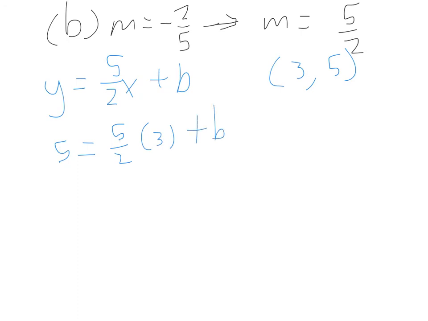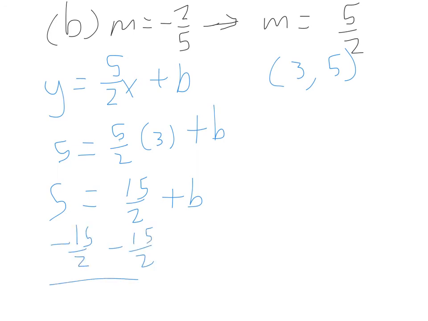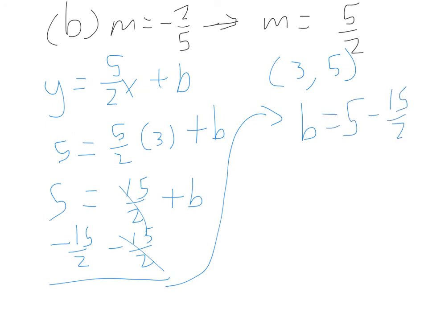So 5/2 times 3 would be 15/2, and that equals 5, and then plus b. So if you subtract 15/2 from both sides, you have b equals 5 minus 15/2.